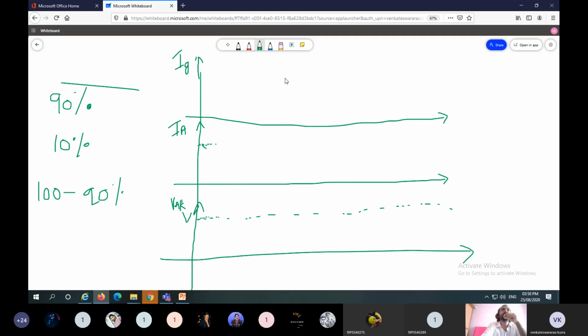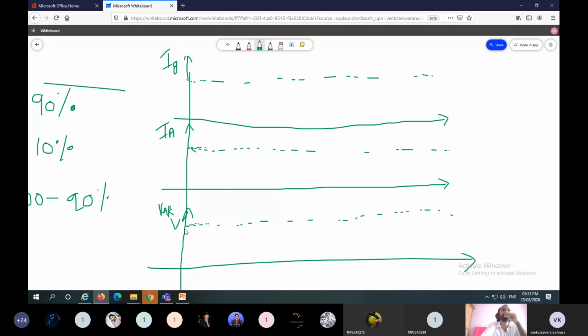And this one is the maximum gate current. So it is 100% gate current, 100% anode current, and 100% anode voltage.